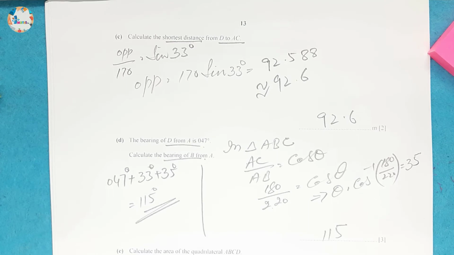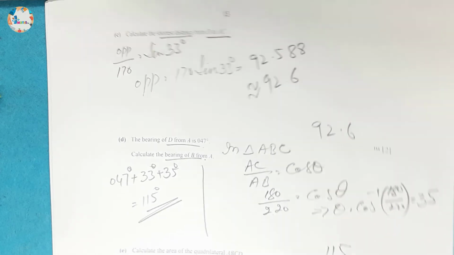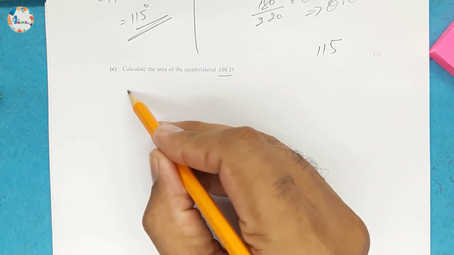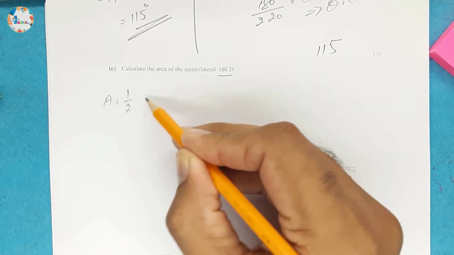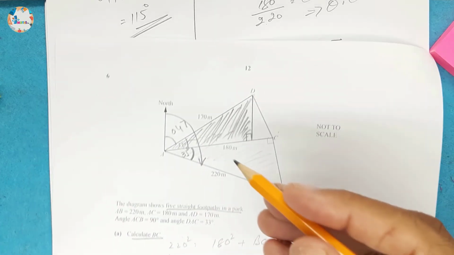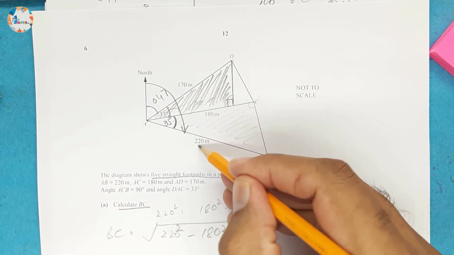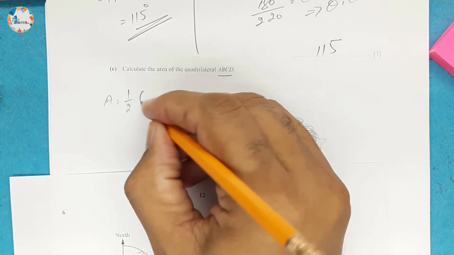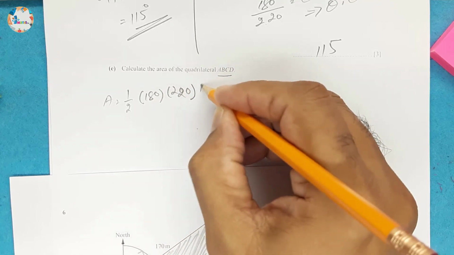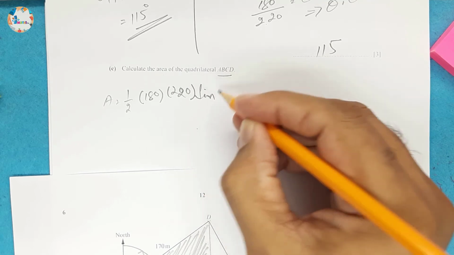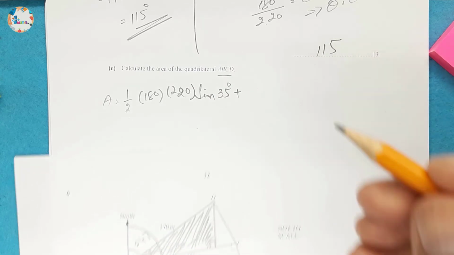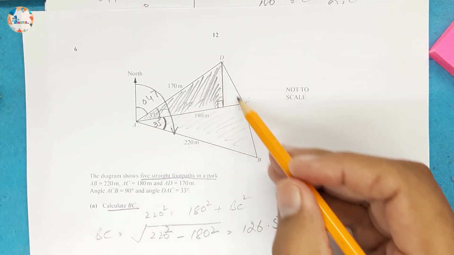I'll move the page, so we can write the formula for the area of a triangle, which is 1 by 2 AB sine C. So area will be 1 by 2 into 180 into 220 into sine of angle 35 degrees, plus the second triangle, which is this one, ACD.